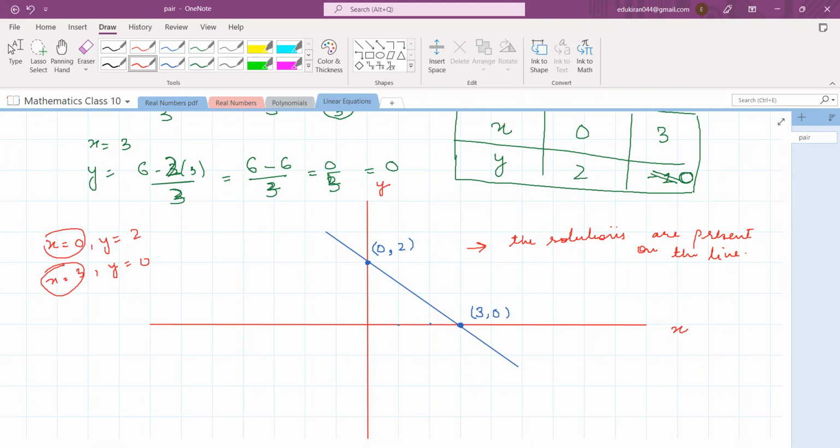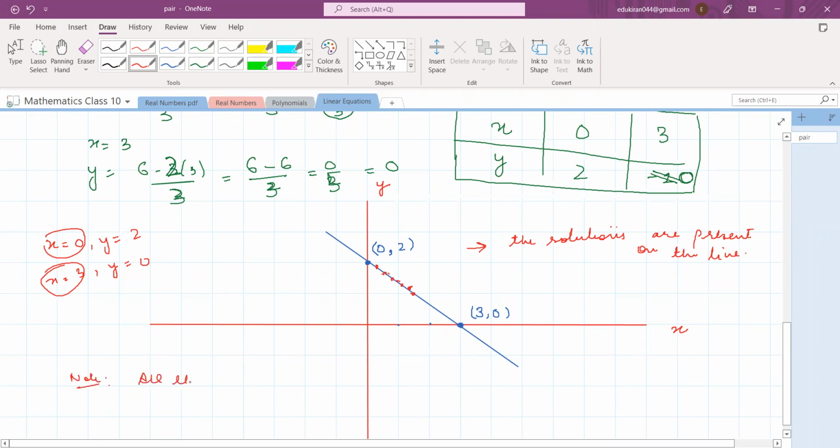So I can take up infinite values of x and correspondingly I'll obtain infinite values of y. And all those combinations are going to fall on this line, right? So basically every point on the line is a solution. Understand? Yes, ma'am. So this is the note here, or a remark.